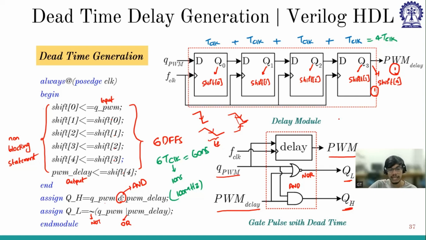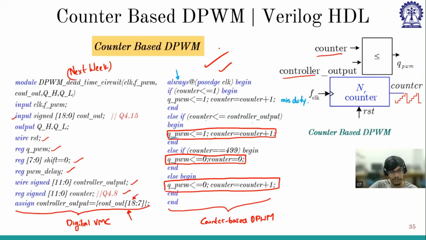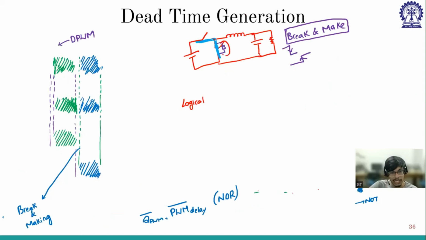But if we increase the dead time, then what will happen? If we increase the dead time, then the diode conduction time will increase and it will create more losses than what is necessary. So we should not keep on increasing dead time. We should give whatever dead time that is sufficient, just slightly higher for safe side.